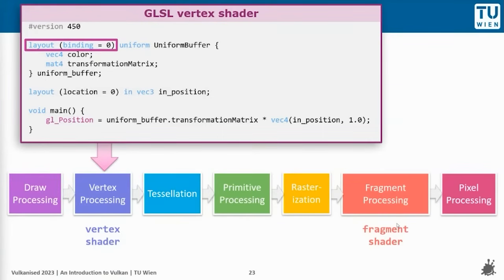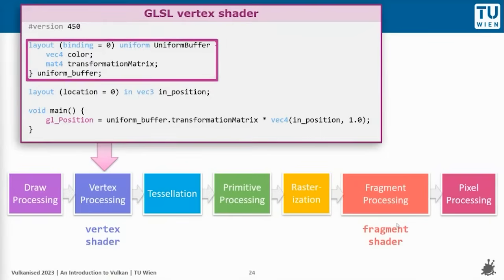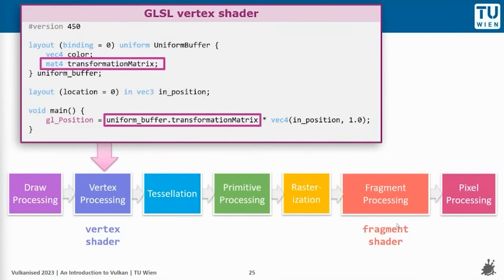In this case, one uniform buffer containing a color value and the transformation matrix. We can then use, for example, in the vertex shader, the transformation matrix to transform the input positions before writing them to gl_Position.